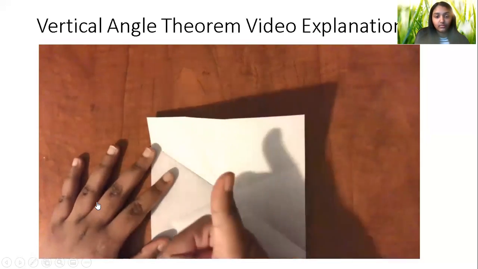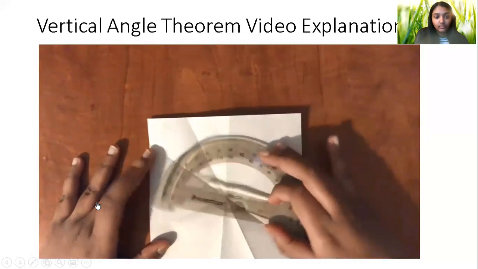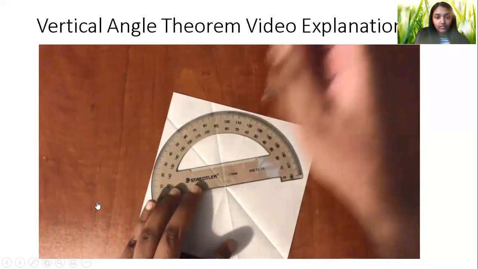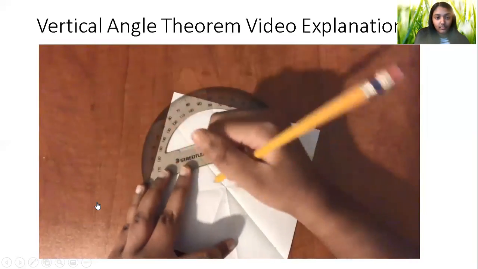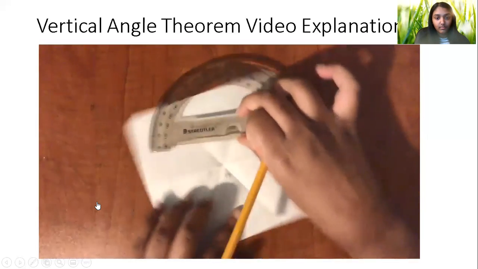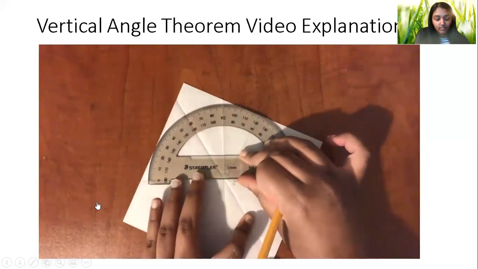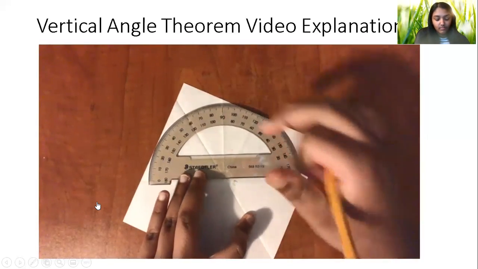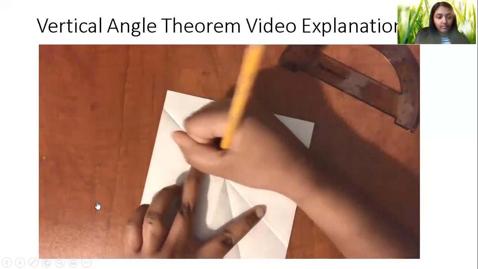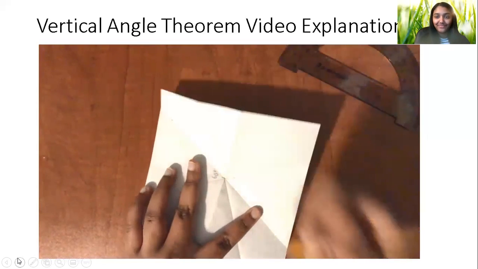And so here you can easily see that this is true. I'm going to measure 2 of them to prove it for sure. Using the protractor, I see that this first one is 60 degrees, and then I measure the other one opposite to it, and it is also 60 degrees. There you have it, the vertical angle theorem. Angles opposite to each other are equal.